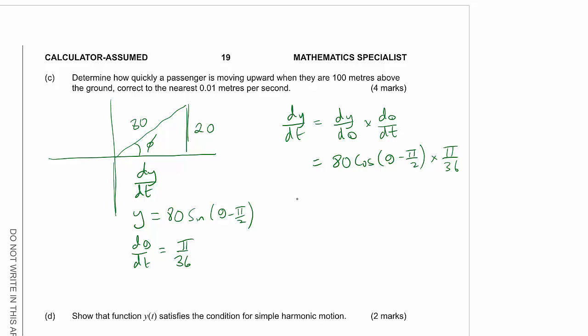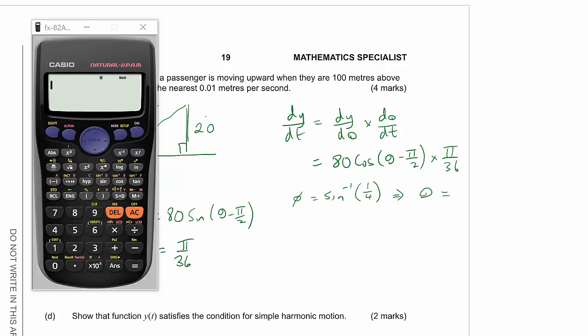Well, in this case, let's call the angle, I called it phi above. So phi is going to be, this is the opposite, this is the hypotenuse, the inverse sine of 20 over 80. And so theta is going to be this plus pi by 2.